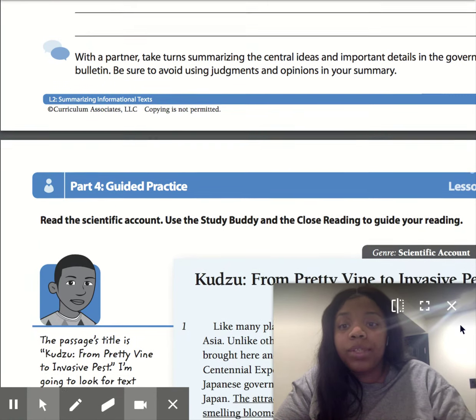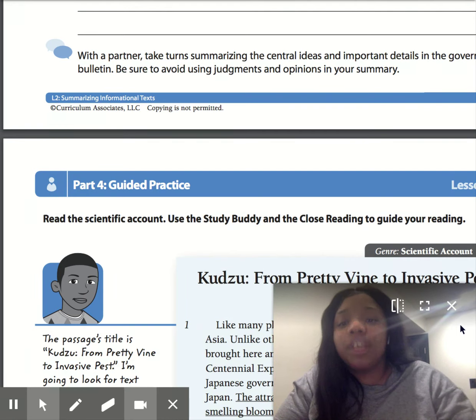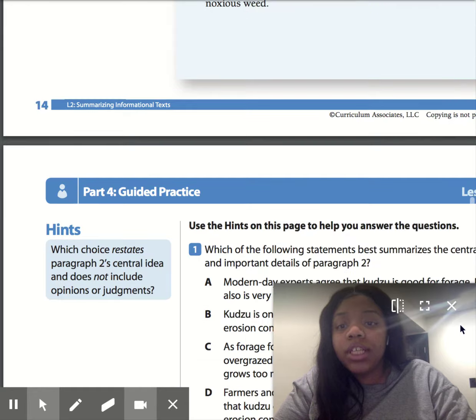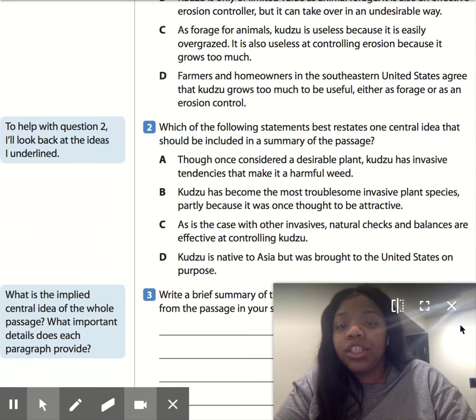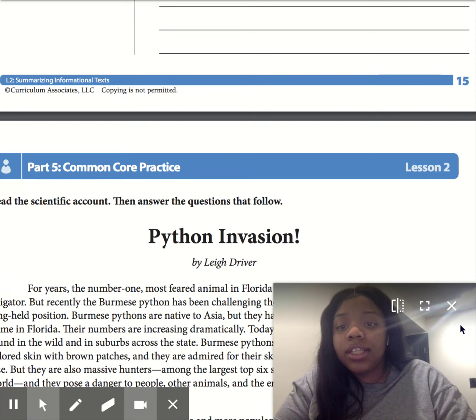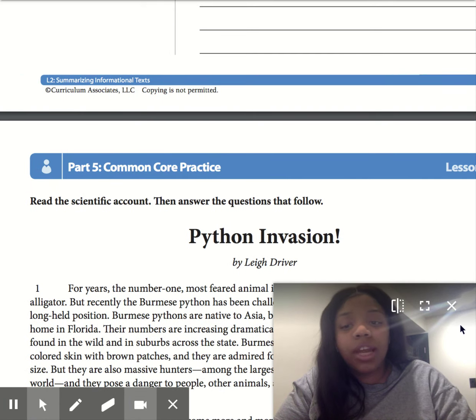So we'll say guided practice. That's how you know that this goes with those questions. That's where you'll put your answers so that you can turn them in so Ms. Hall can check them. Also, you have another practice that will say CC practice. Anytime it says CC practice, just know that it's inside of the actual lesson we were going through.